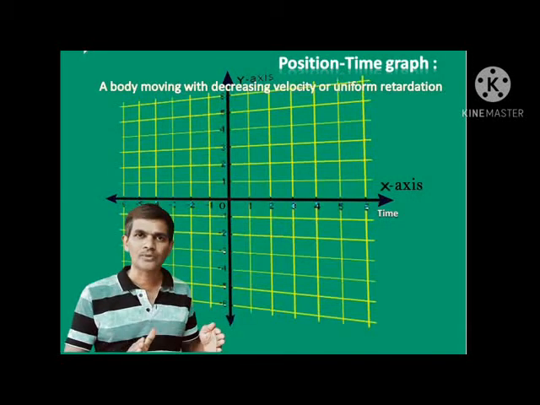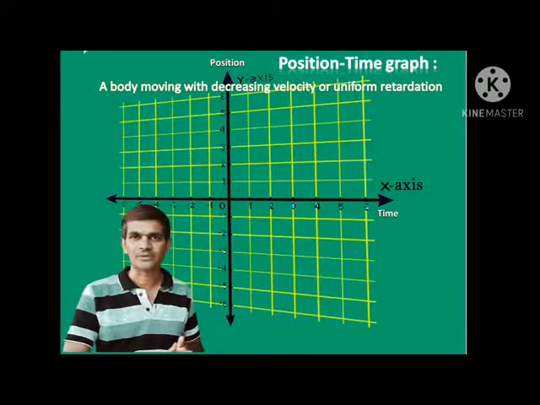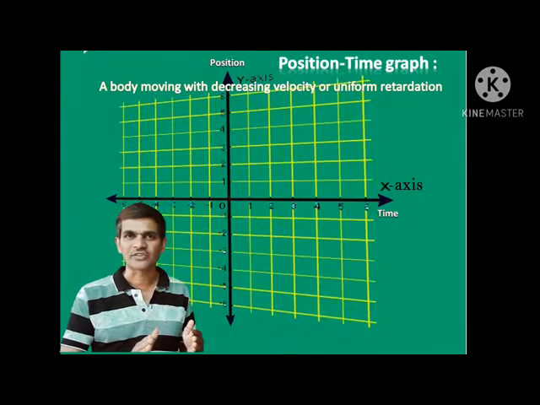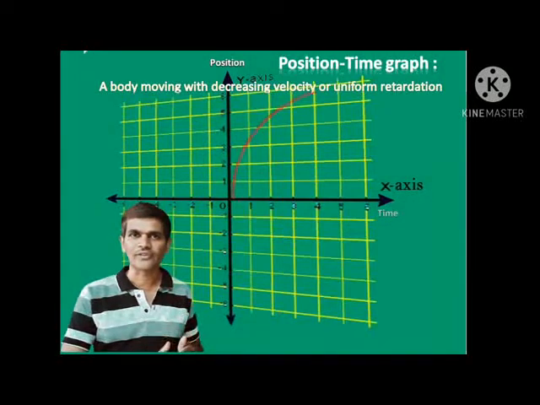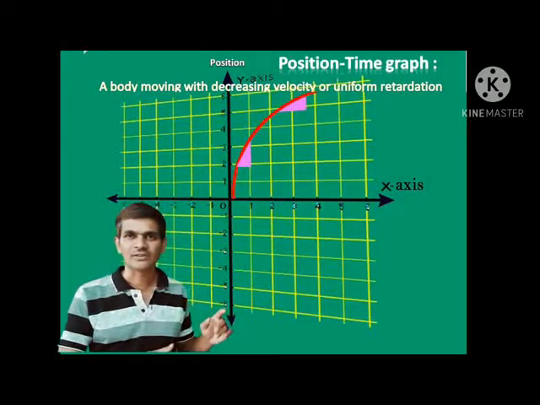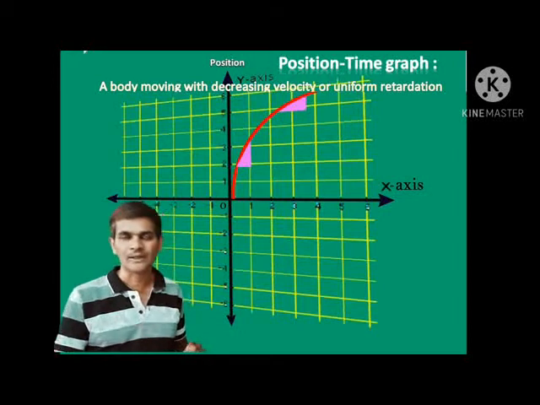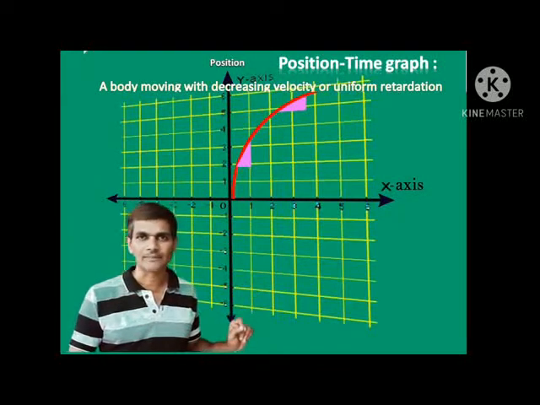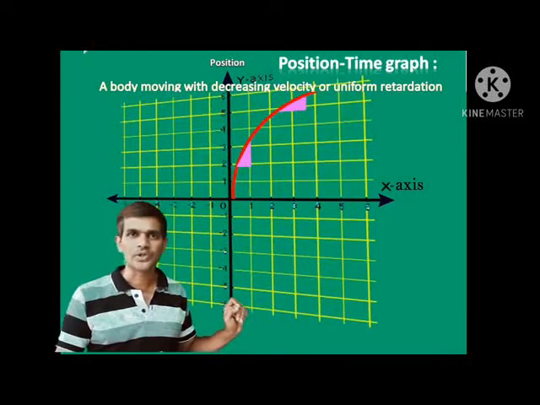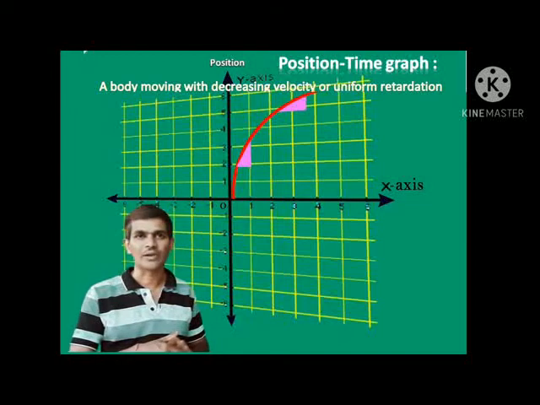If velocity decreases with respect to time, the slope decreases, and the graph curve is like this.